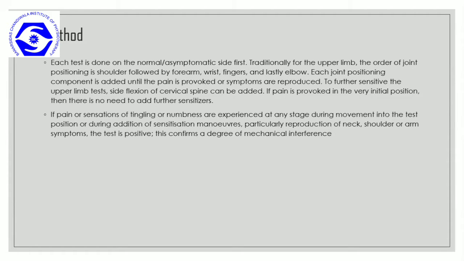For the pain sensitizers in upper limb tension testing, we start with the shoulder, then the forearm, arm, wrist, and hands, and usually the elbow is the last thing, because we use it as a sensitizer, and the cervical spine also we use as a sensitizer. So what are sensitizers? I'll explain once I use them in the test.